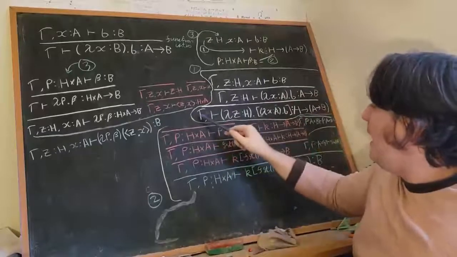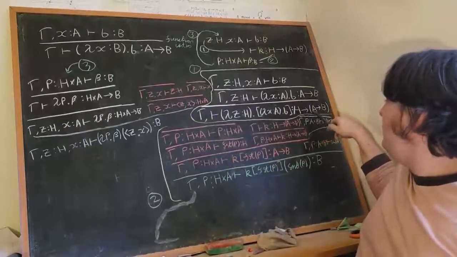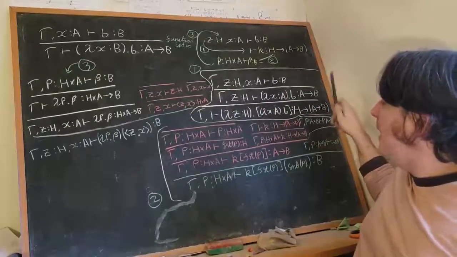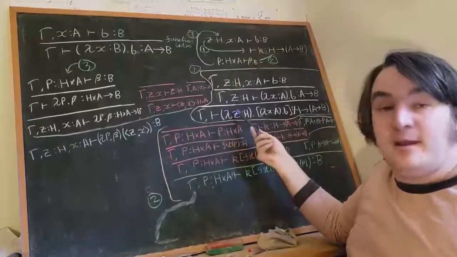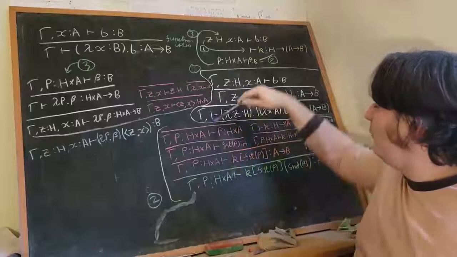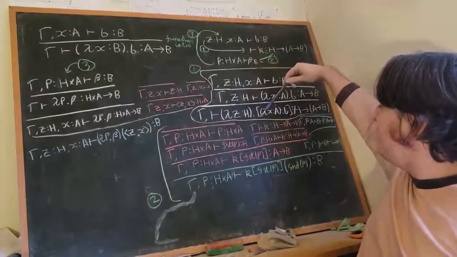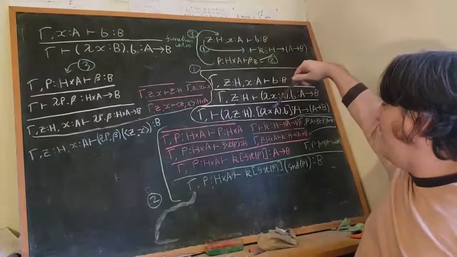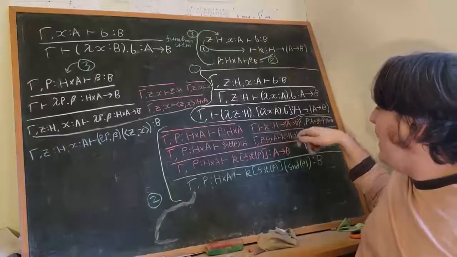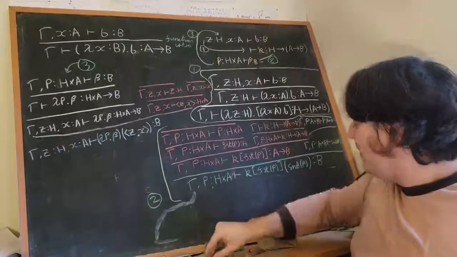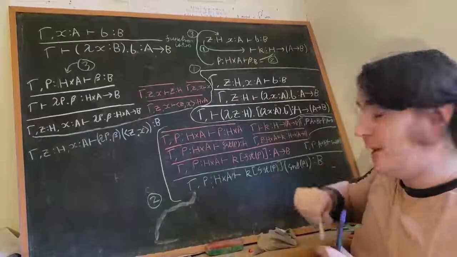And so now in our context gamma, we have this function from H to the type of functions from A to B. Basically the way this function works is it's ready to take in a z of type H. Once that's supplied, we have this function from A to B, which is ready to take in an x of type A and return this term b of type capital B. When I write this, I have this lambda here, and then we record the type of the variable that this lambda is using.